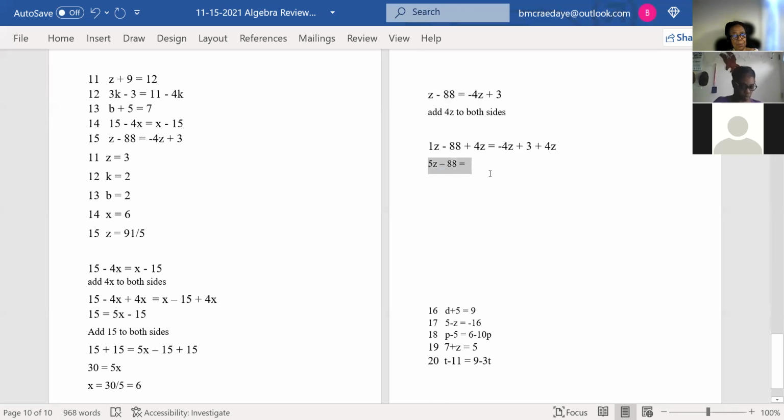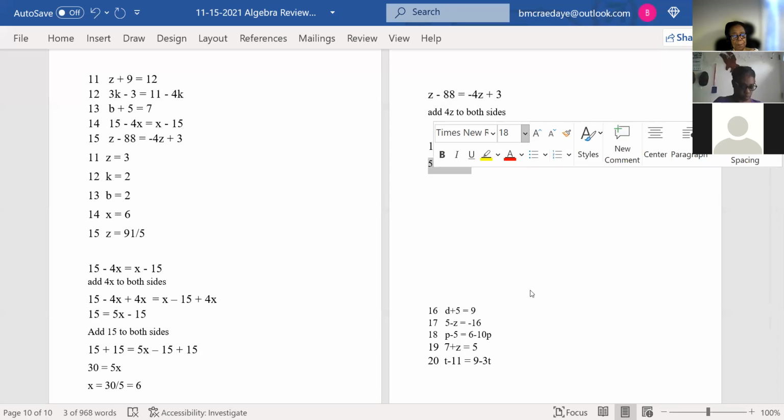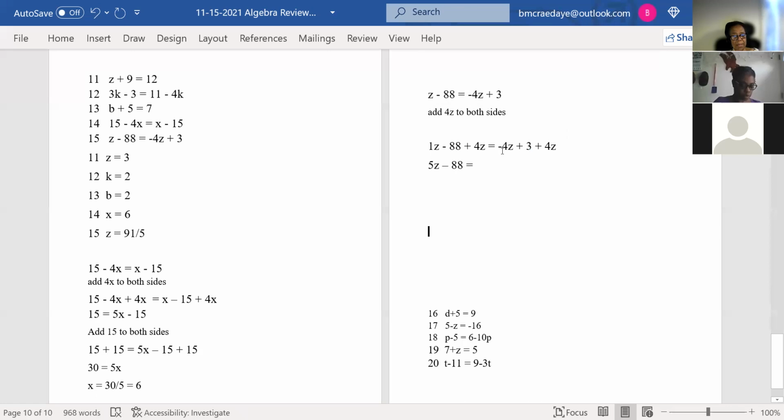Okay, it's 5Z. A minus 4Z plus 3 plus a 4Z. What is that equal to? So what do I have on the right side when I combine my terms?